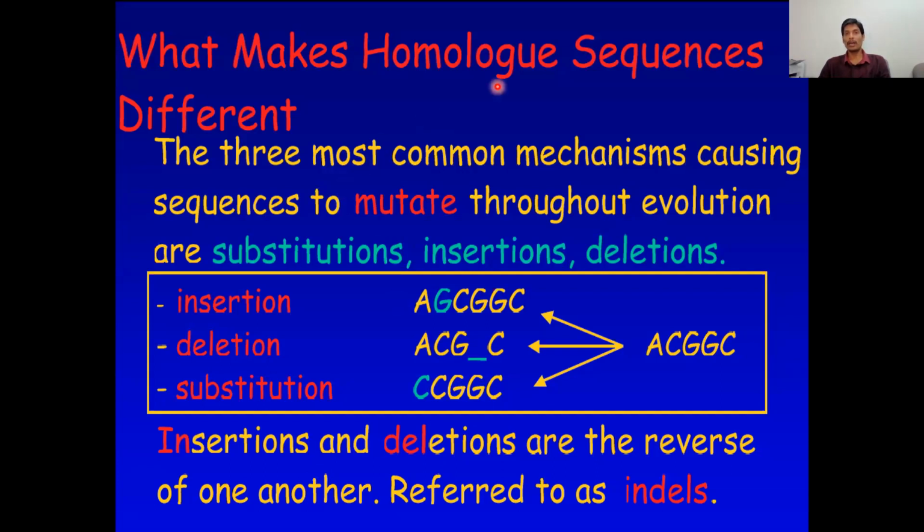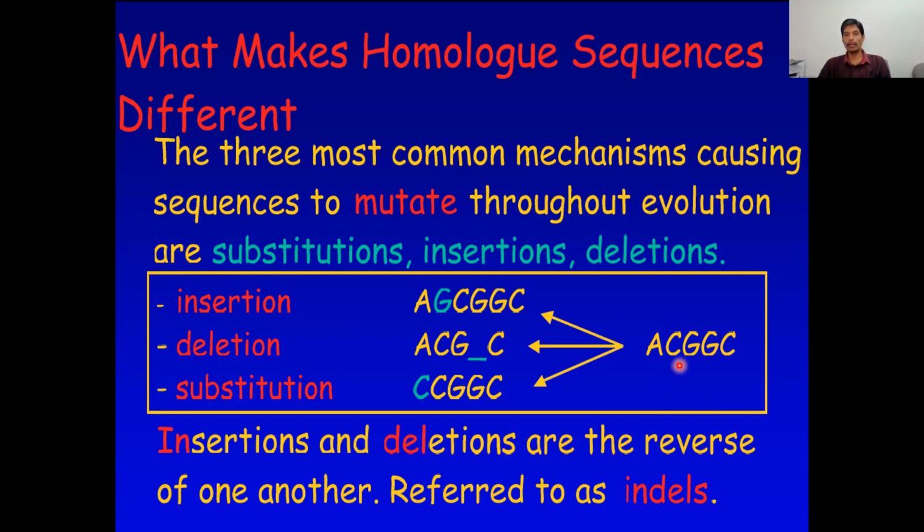So what makes the homologous sequences different? Due to mutations. If you take a short sequence, easy to visualize and understand, you have the sequence ACGGC. It's not a gene, just a sequence.